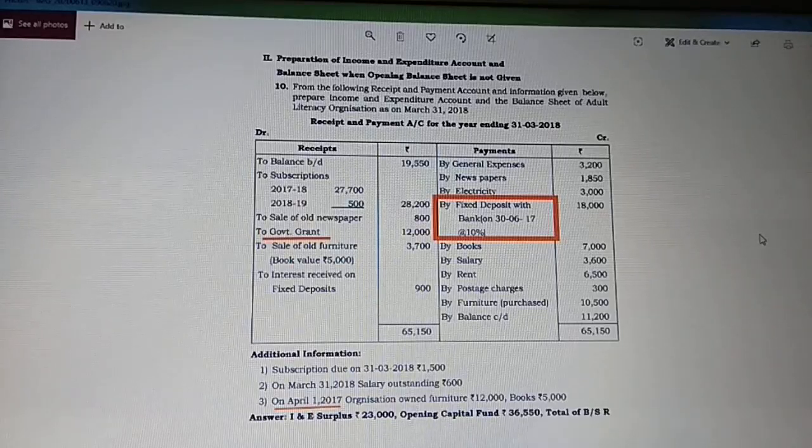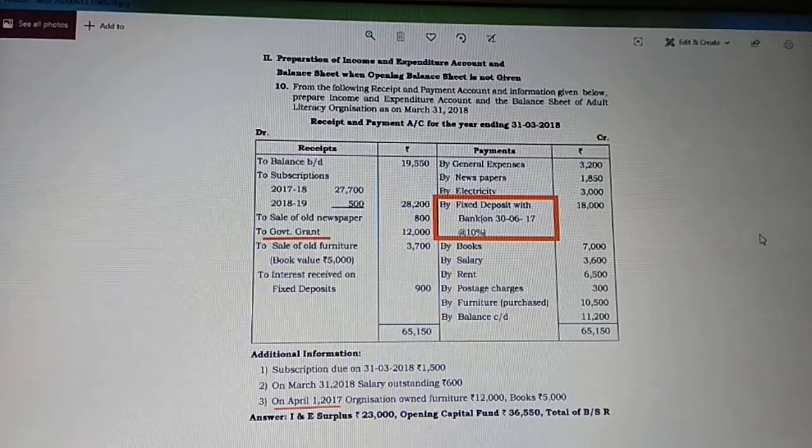This interest on the fixed deposit is going to be considered on the income side. Then moving on to your receipt side, I have underlined government grant. What is this government grant?